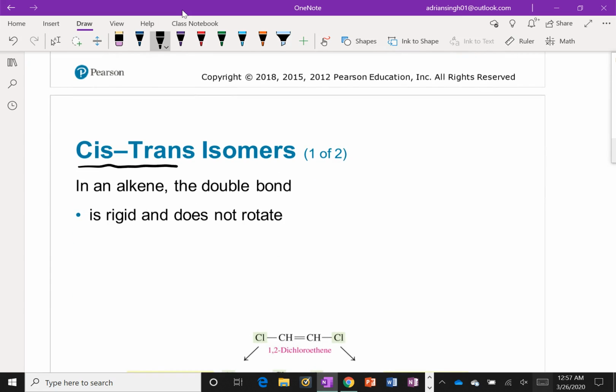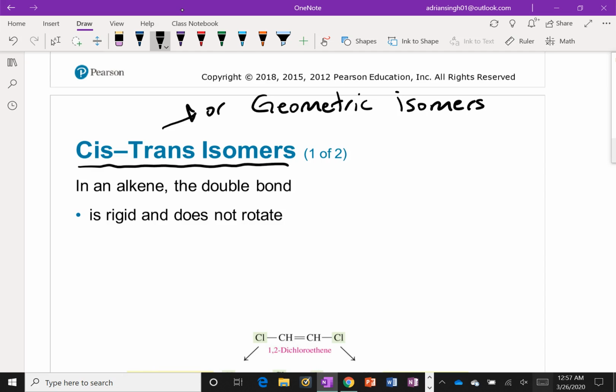And you'll see the term cis-trans or geometric isomers used interchangeably in your textbook and online and elsewhere. They mean the exact same thing.